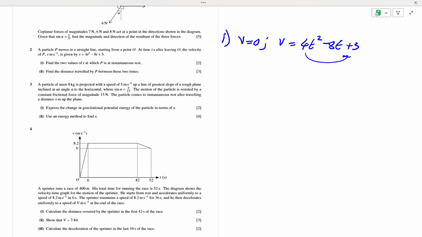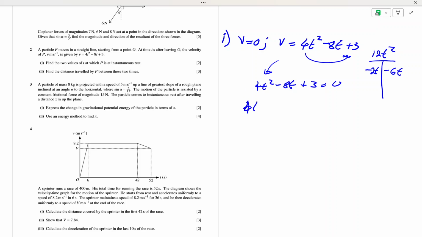I'm going to multiply that, and then I'll get 12t squared. Get two numbers that add to give you negative 8, and two numbers that multiply to give you 12. That's going to be negative 2 and negative 6. Then I'm going to use that. So it's going to be 4t squared minus 8t plus 3 is equal to 0. Then I'm going to solve the quadratic equation.